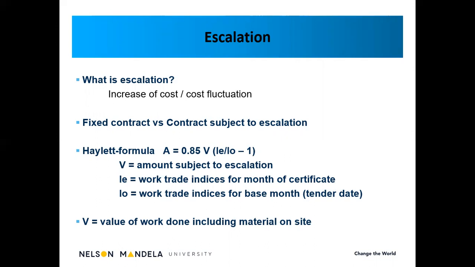The formula is called the Hallett formula, and its adjustment, which is the value of escalation, equals 0.85, that is a factor, times V, and V is the amount subject to escalation, and then in brackets, IE divided by IO, which is the indices, less 1.